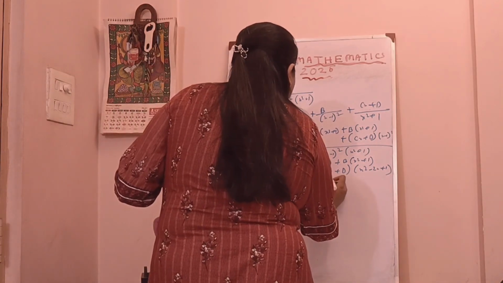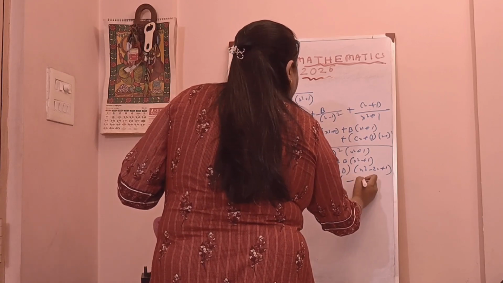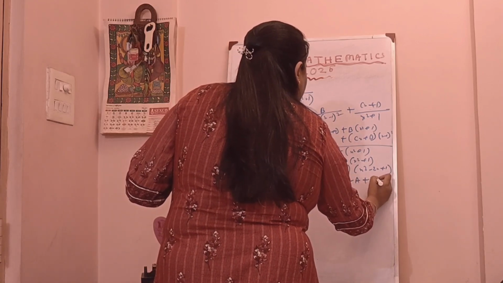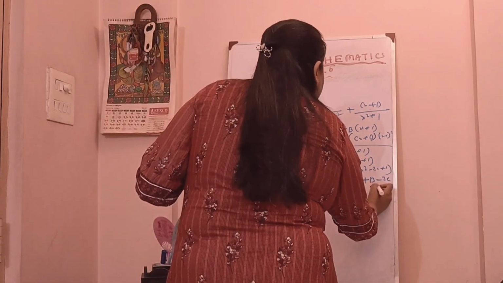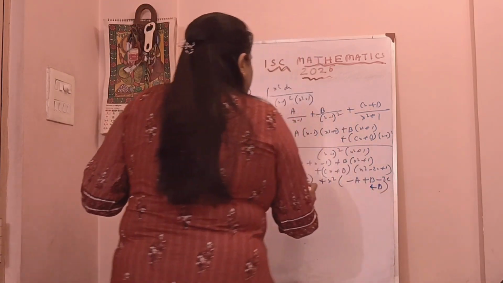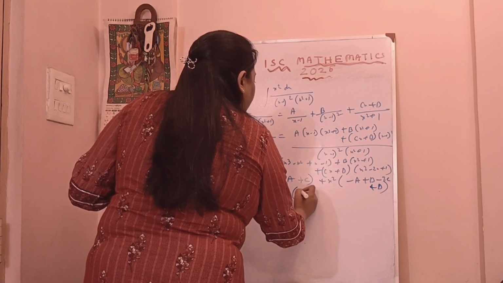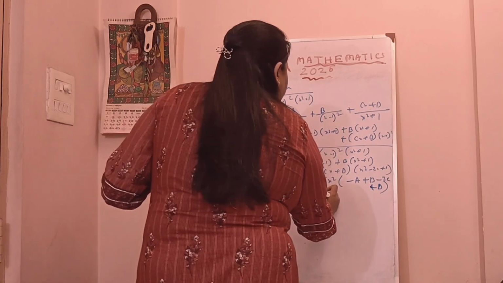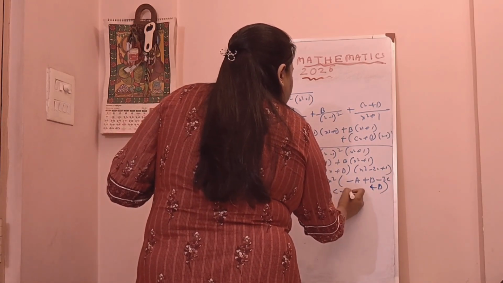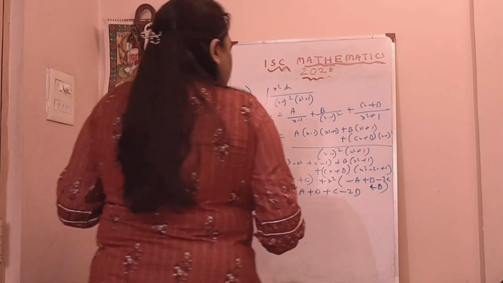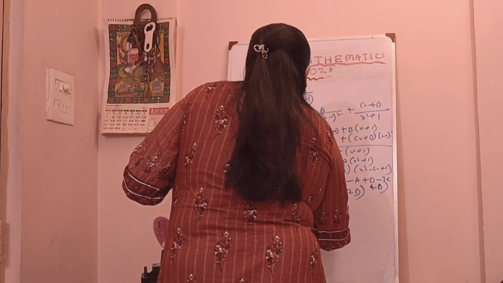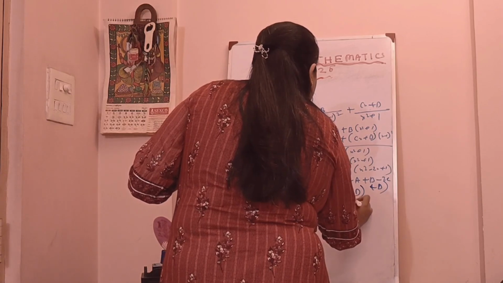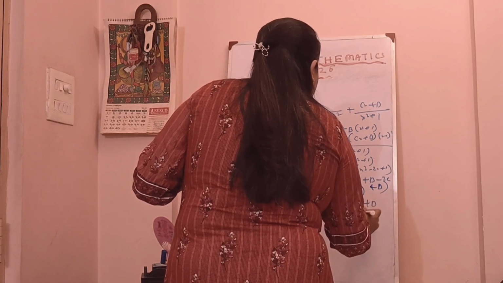And x square common: it should be minus a plus b plus minus 2c plus d. And x common: a plus b plus c minus 2d. And the constant term is minus a plus b plus d.